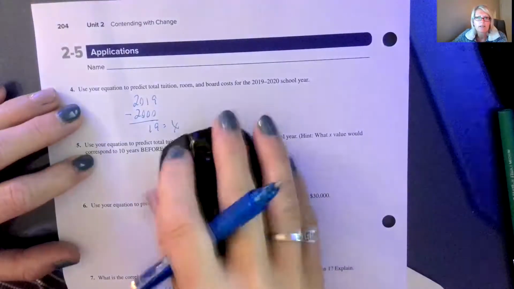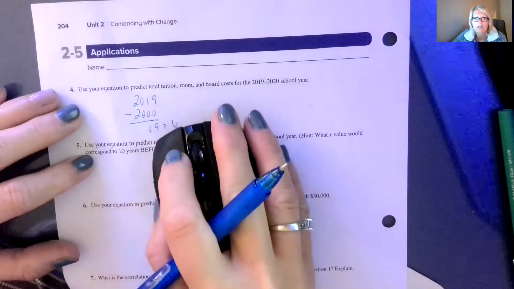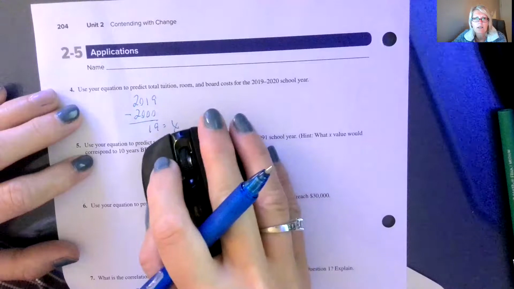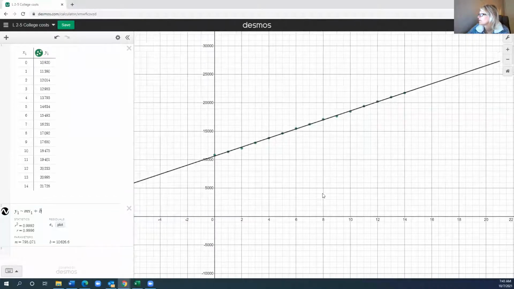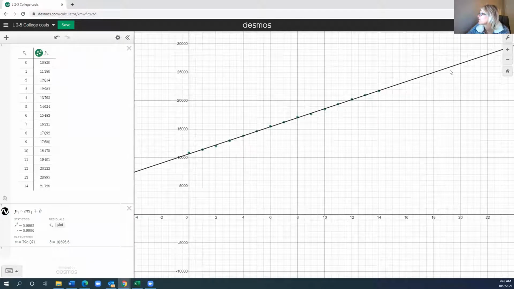So in Desmos, let's go to x equals 19 and find that prediction. So I'm going to scroll over a little bit. So 19, so I'm going to click on my line and I'm going to go to 19 and I'm pretty close. Okay, so 19, it's 25,732.99.